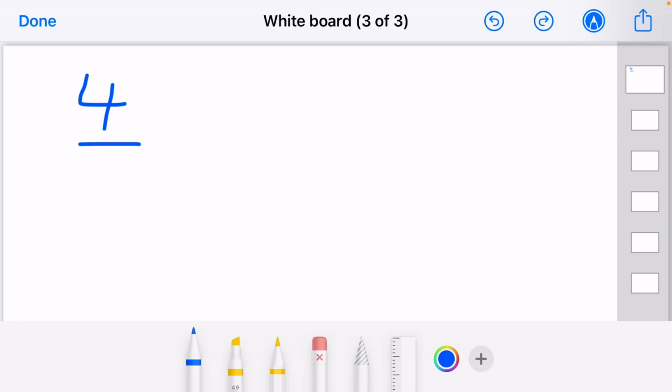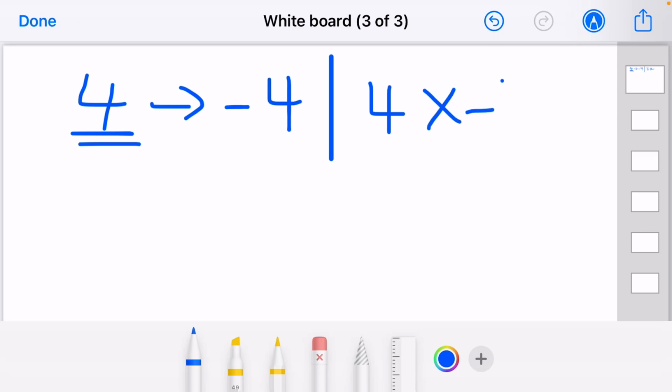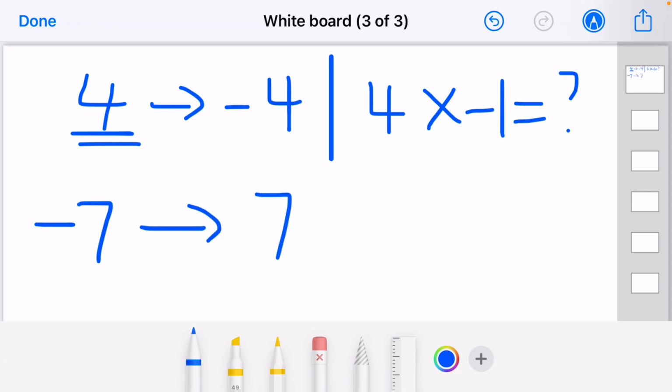Okay, so to change this number from being positive to being -4, this is how you do it. You just say 4 multiplied by -1. Punch this on a calculator and check if you get -4. What if now you've got -7? Can you change it to a positive number, ladies and gentlemen?